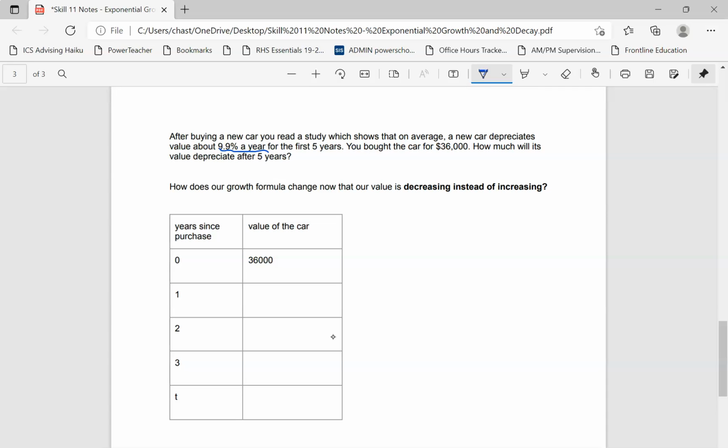So what's going to happen here, since we're decreasing, we're going to write our equation, instead of 1 plus r, we're going to do 1 minus r. And the reason for that is because we're decreasing in the value. So generally, we're going to do y equals, we're going to take our 36,000, and we're going to do 1 minus.